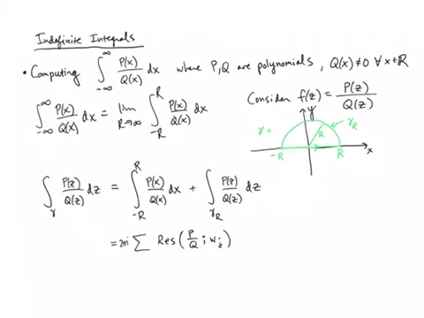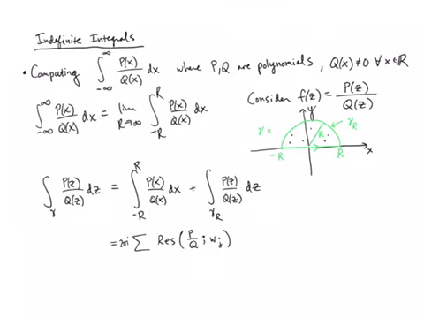And what are these singular points? Well, they're the singular points that are inside this curve gamma here, right? So you have singular points inside gamma, and those are going to be the zeros of q. And you see, q is just a polynomial, so it can only have finitely many zeros.